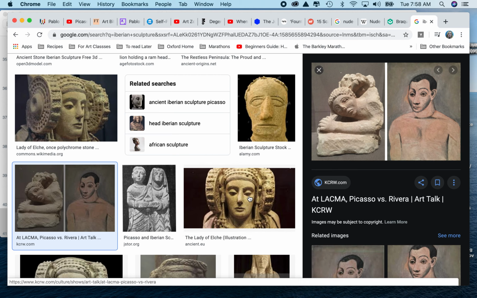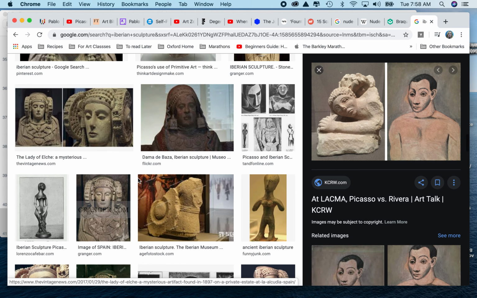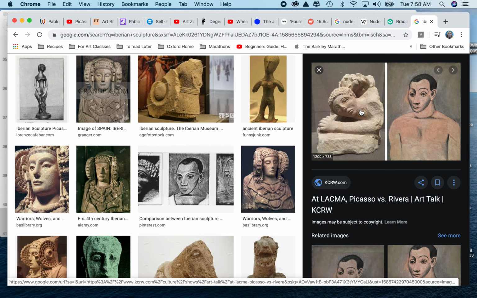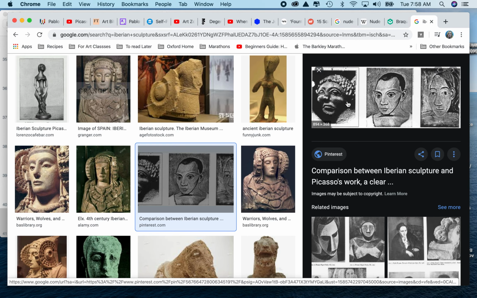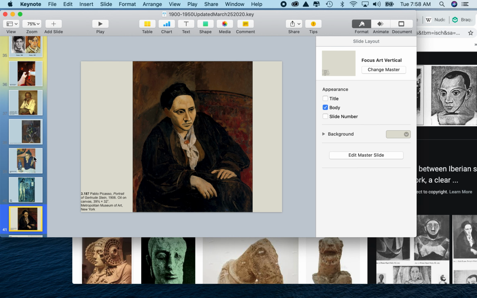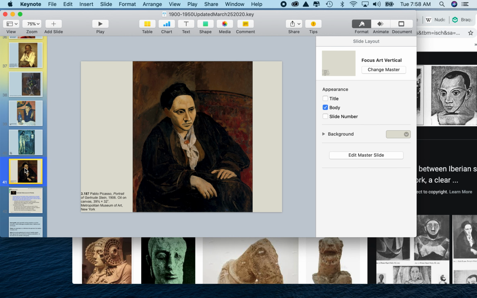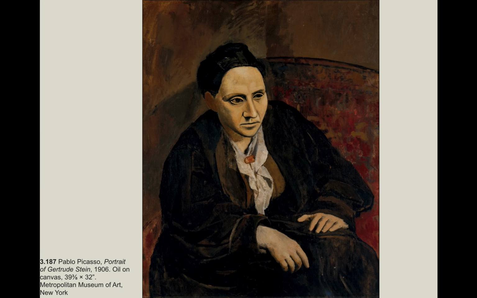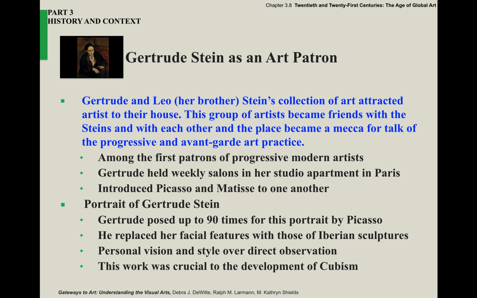Even the Egyptians created these simplified faces. And then Picasso said, I am going to copy these older ancient cultures. So Picasso replaced her face, and he also combined it with his academic painting style. So he says, okay, I'm going to replace just her face, but then you'll be able to see my academic training in the rest of her body, which will provide an interesting juxtaposition.